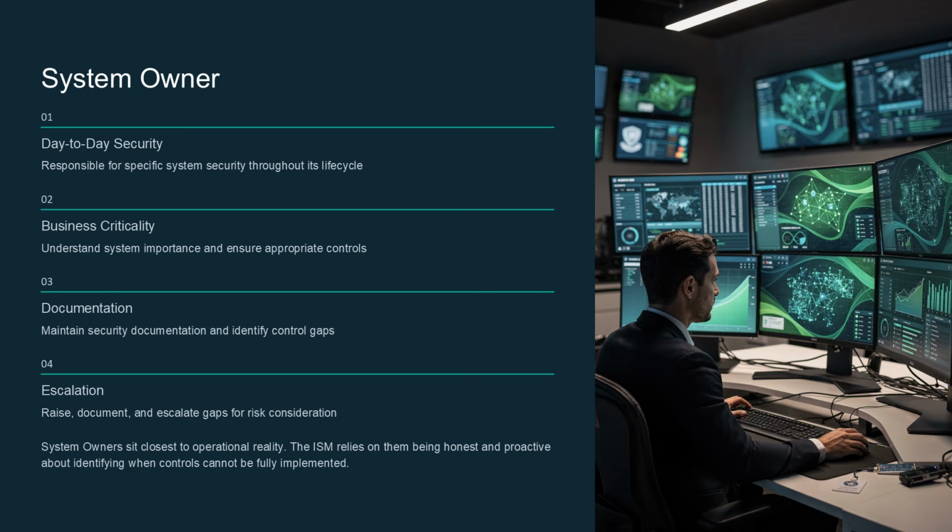As a system owner, you are often the first person to identify when controls cannot be fully implemented. Your responsibility is not to hide that gap, but to raise it, document it, and escalate it for risk consideration. The ISM relies heavily on system owners being honest and proactive because they sit closest to operational reality.